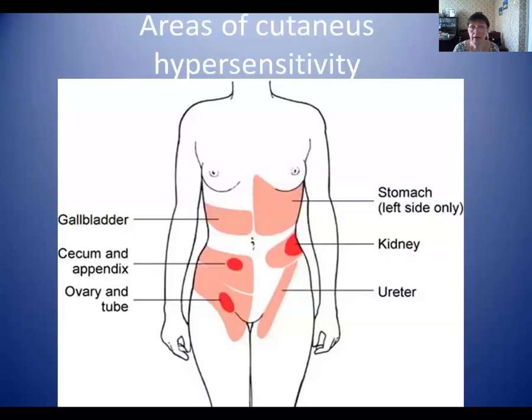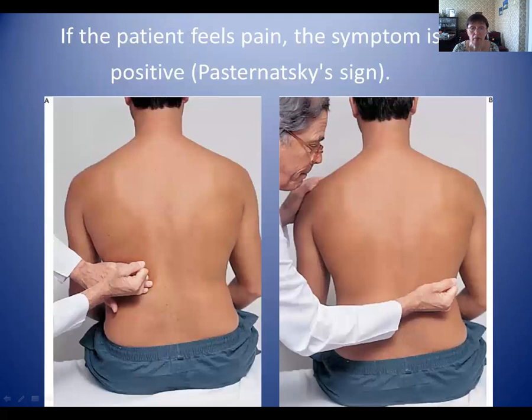Here are the areas of cutaneous hypersensitivity in different diseases, and we see that in case of affection of the kidney, we may find tenderness or hypersensitivity in this zone and over the projection of the ureters on the site of affection.